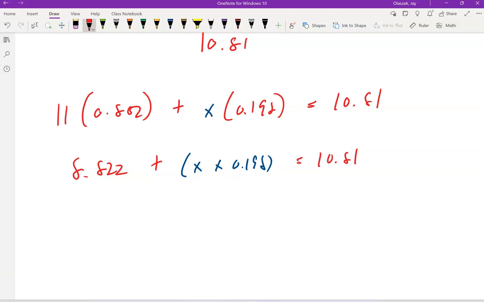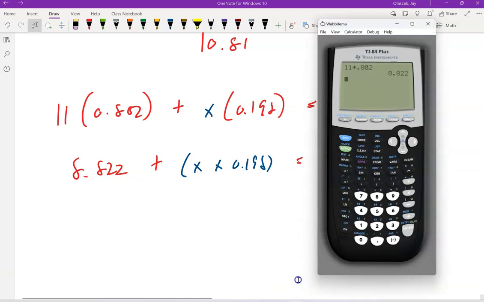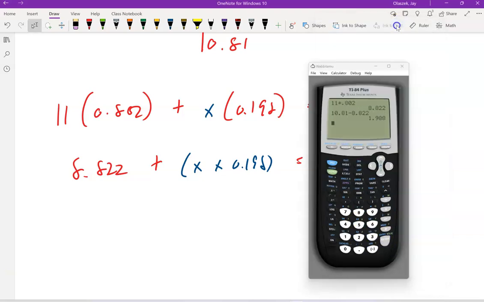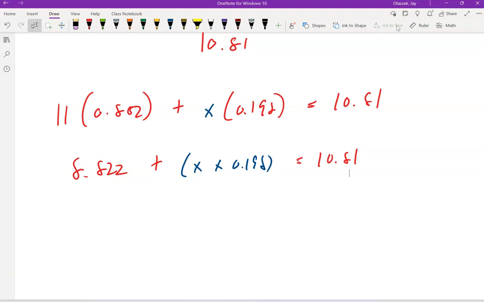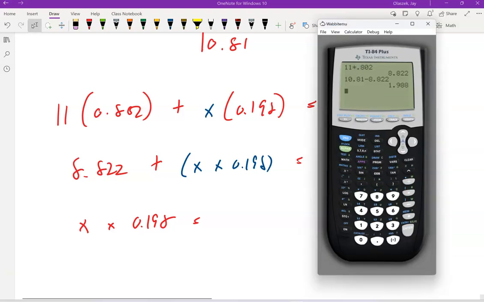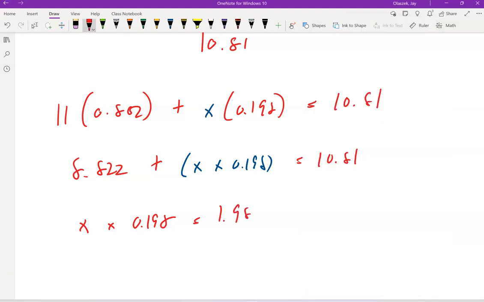Well, let's get rid of the 8.822 by subtracting that from both sides. And now what we have is this. 10.81, we're going to subtract 8.822 and we get 1.988. So what we now have is x times 0.198 equals, hang on, I want to make sure I got the value right, 1.988.